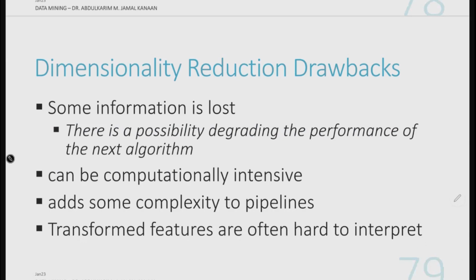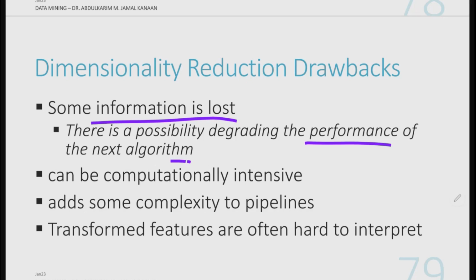What is the drawback behind dimensionality reduction? Meaning what can cause someone not to consider it? Some information eventually is lost. As we said, it will retain most of the key information, but not all the information, okay? So it's possibly degrading the performance of the next algorithm.